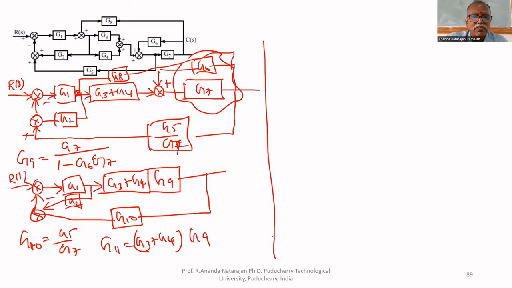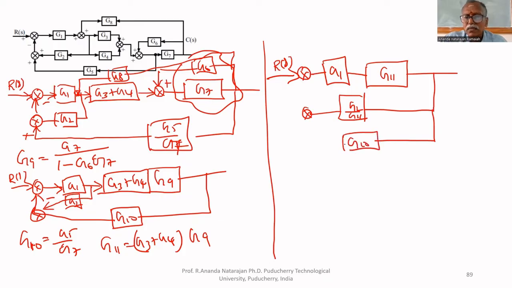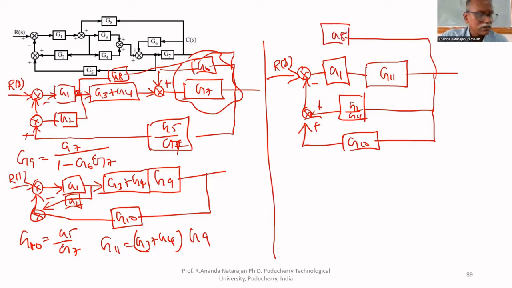So what we will get is R of S multiplied by G1, G11, G2 by G11. Another one is G7. Both are added together and it is subtracted. Here one more feedback is there, that is G8.